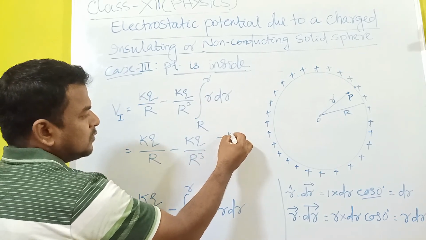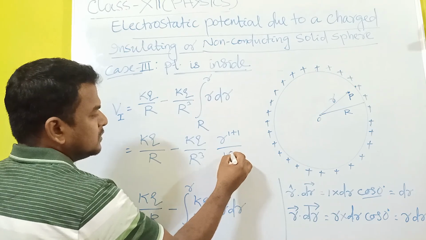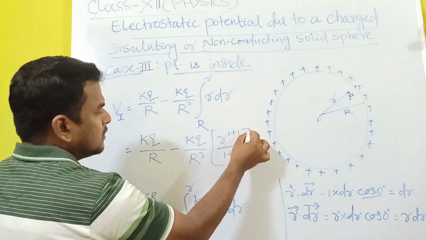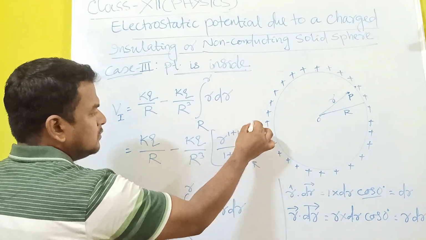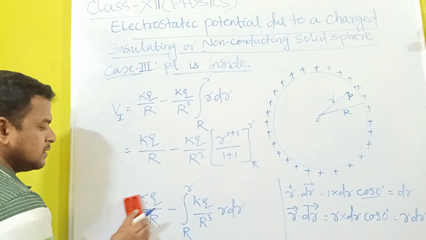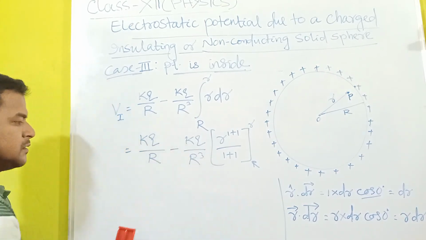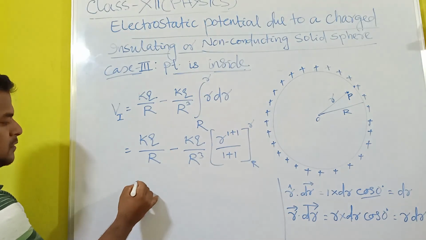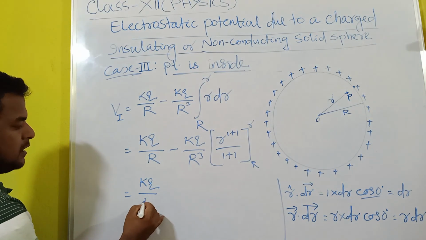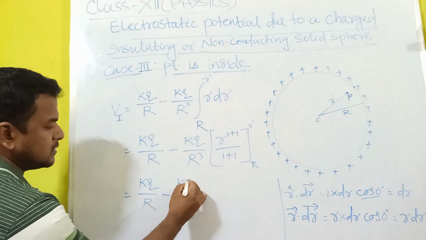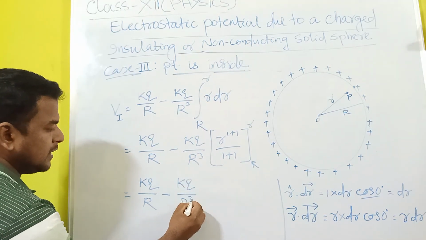r to the power 1 plus 1 upon 1 plus 1, r from capital R to small r. kq upon R minus kq upon R cube.